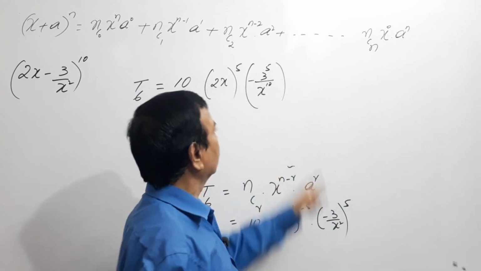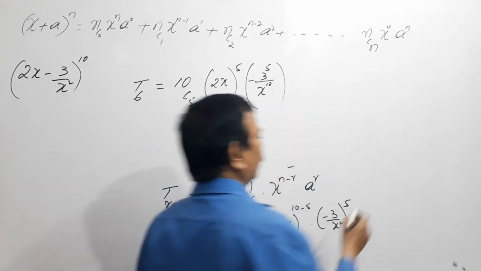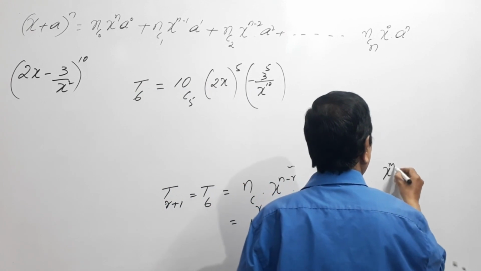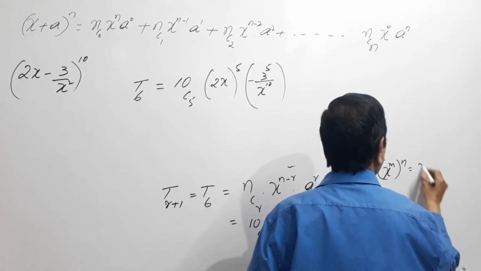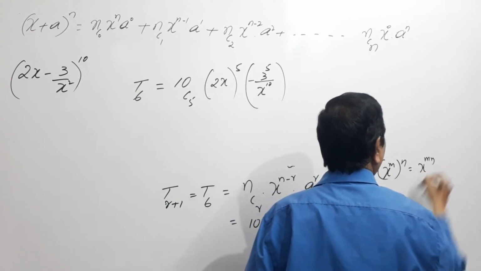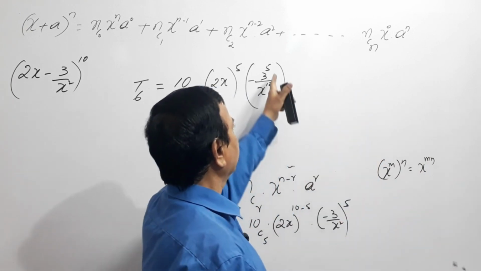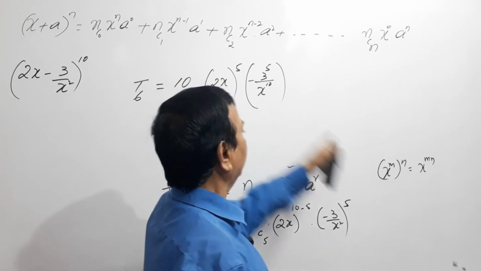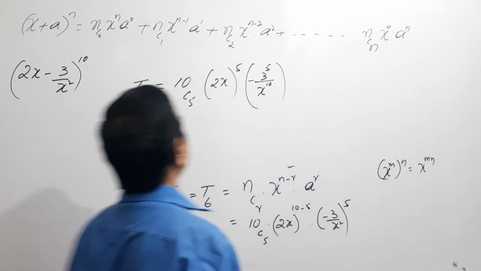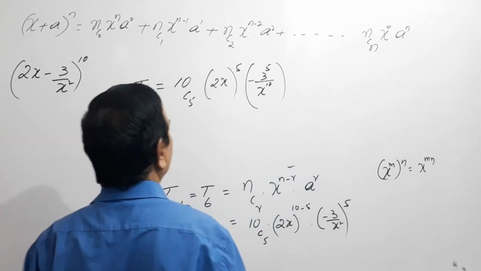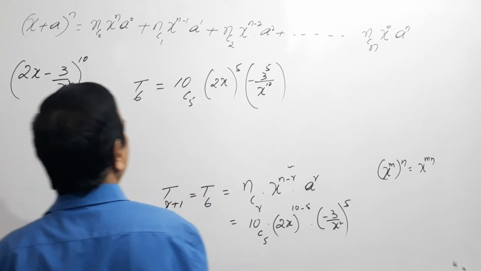How? I told you, (x^m)^n equals x^(mn). So in the numerator we will have x to the power of 5, and in the denominator x to the power of 10.